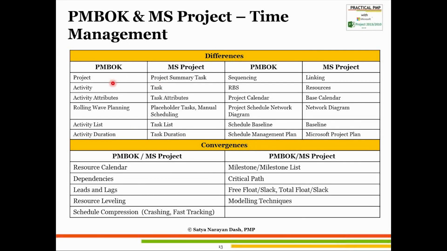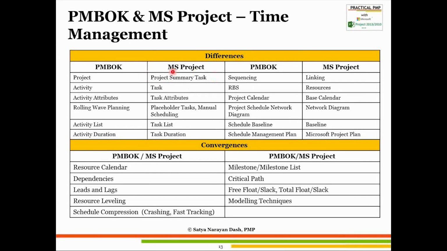If you look at the differences, in the PMBOK guide it is called a project, which is the top level task or top level activity. In Microsoft Project, it is called the project summary task. So the concept remains the same, but the terms are slightly different.